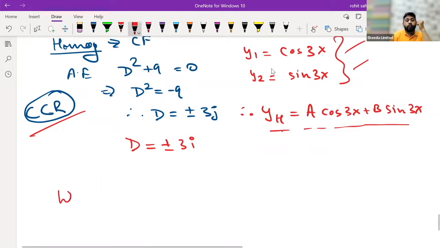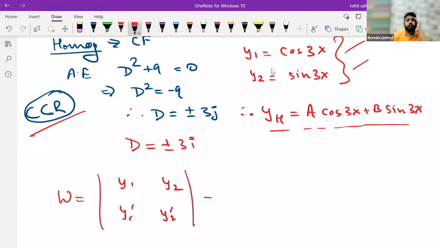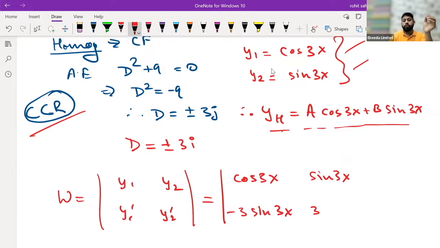So now we will try to find your Wronskian. रॉन्सकियन के ऊपर डायरेक्ट क्वेश्चन्स आते हैं, आगे करने को कुछ बोलेंगे नहीं, सिर्फ रॉन्सकियन निकालने को बोलेंगे. So y1, y2, y1 dash, y2 dash: cos 3x, sin 3x; cos 3x का डिफरेंशिएशन किया तो minus 3 sin 3x, और sin का किया तो 3 cos 3x.